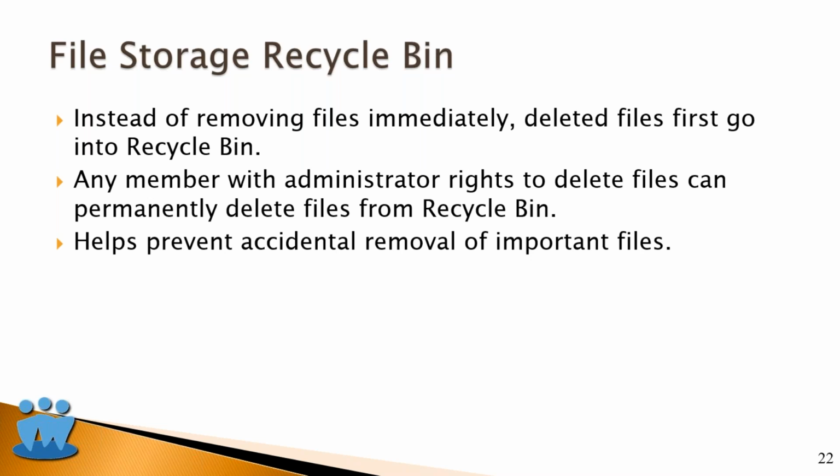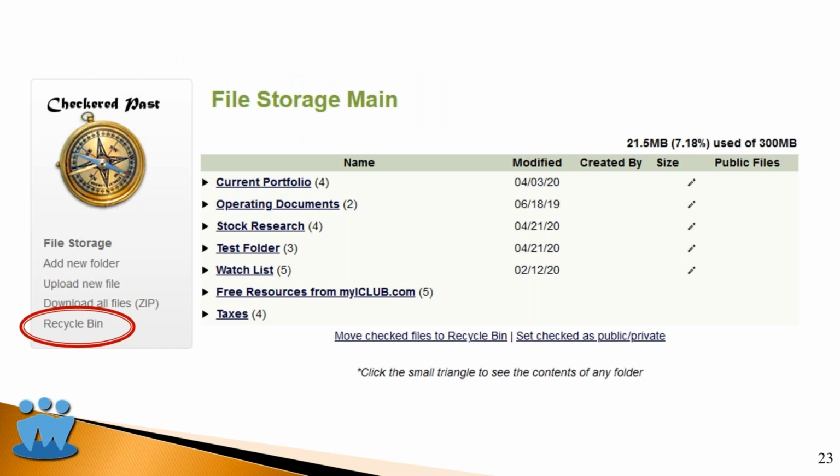So files that are in the recycle bin can be restored and moved back into the file storage. Only the administrator has access to the recycle bin to restore files or to delete them entirely. And that would be anyone who has administrator privileges to delete files from file storage.